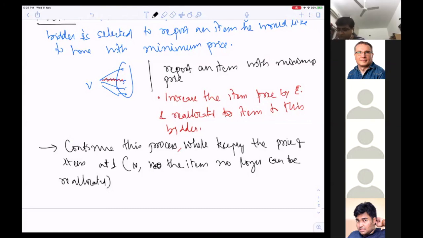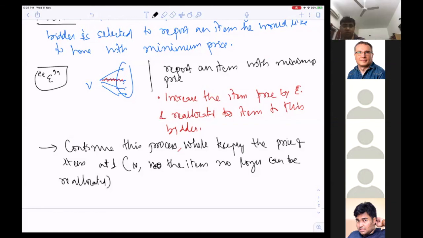So he looks at the current prices and picks an element with the cheapest price, and says, "I'm willing to pay whatever its price is, plus epsilon." So this algorithm also has a running parameter epsilon. Then the current holder says, fine, you are ready to pay more for this item, I give you this item and increase the price.